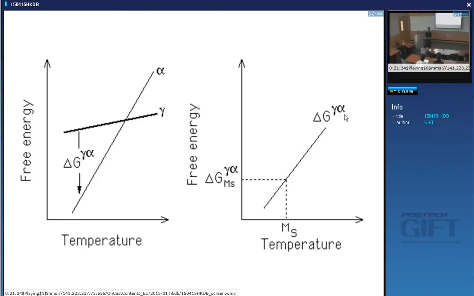Everyone happy with that? So supposing I told you to make an alloy of iron and gold, you could calculate the MS temperature by working out the free energy for the iron-gold system, setting it to 700 joules per mole, and you've got your martensite-start temperature. Okay.